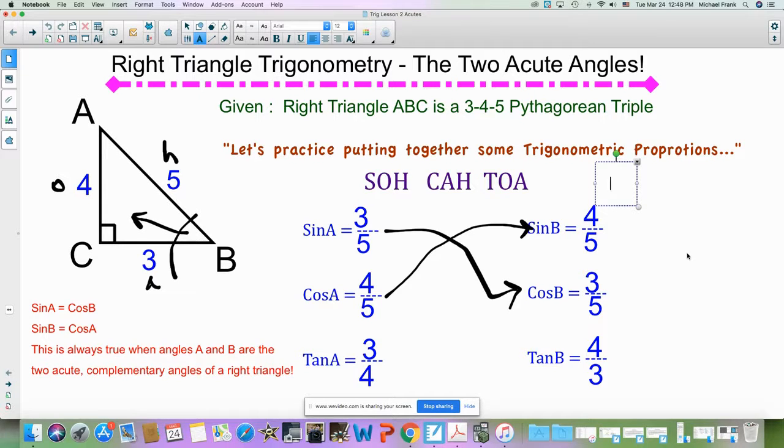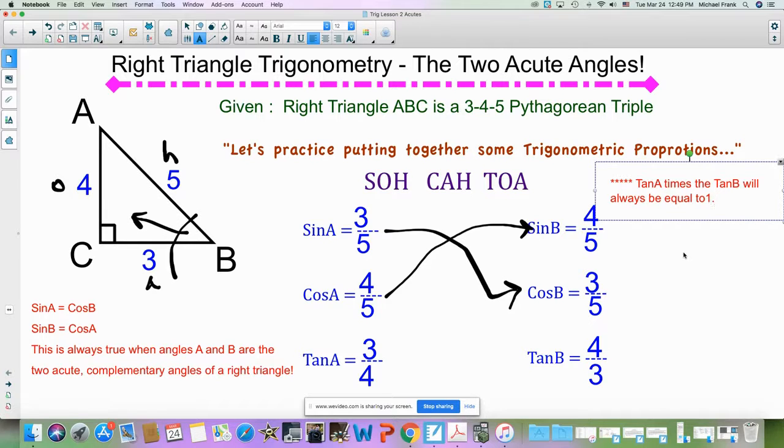So that's another thing that we can remember as a little bonus here, that the tan of A times the tan of B will always be equal to 1.